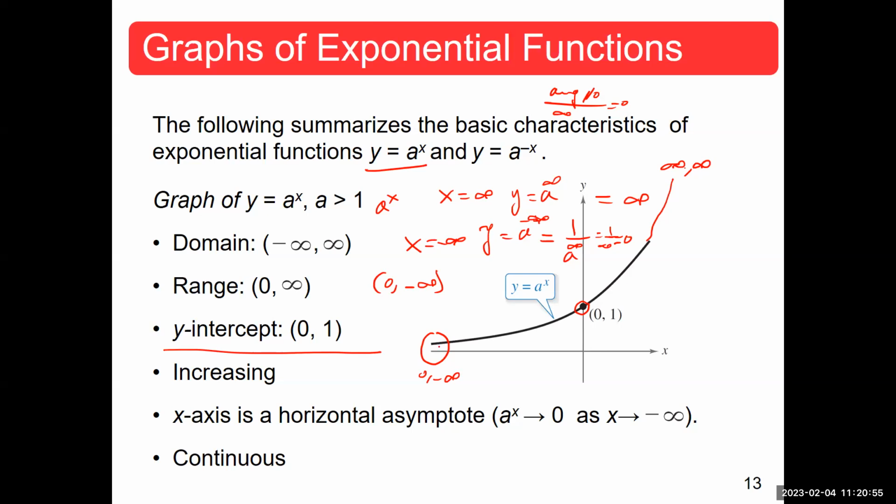So the graph and the x-axis will meet somewhere far away. Because of that, we call the x-axis an asymptote. The x-axis is a horizontal asymptote. That means a to the power x approaches 0 when x goes to negative infinity.